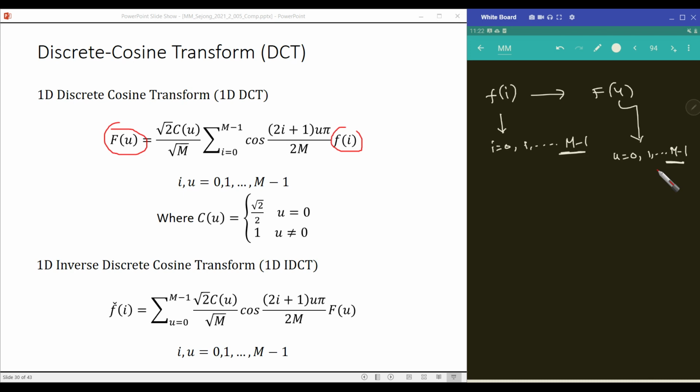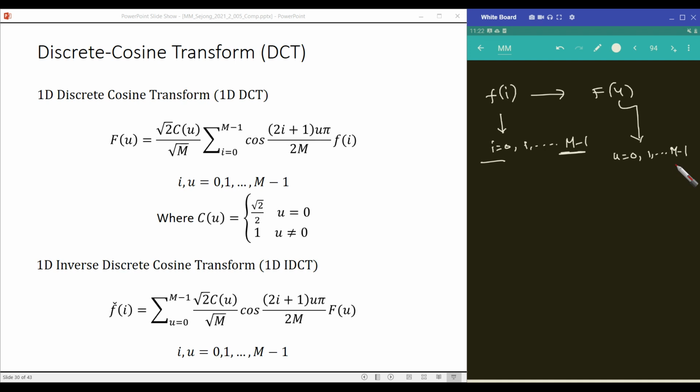Now you can ask why it is not fewer numbers. We will see that even the same number of values are converted to another sequence with the same length, but we will see how this becomes useful. For the time being, we have one sequence of m numbers, and we are converting to another sequence of m numbers.